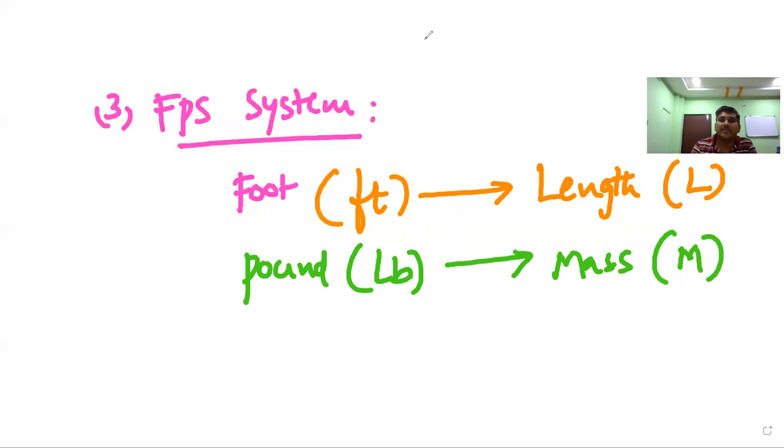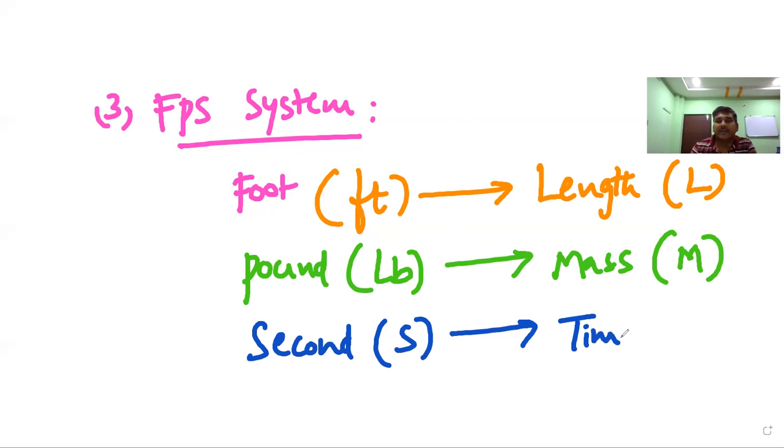The third one is second. That second is s, which is time measurement, fundamental quantity T. So hence, all are measured in the three: length in the feet, mass in the lb, pound, time in the seconds.